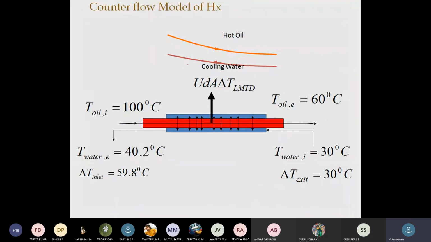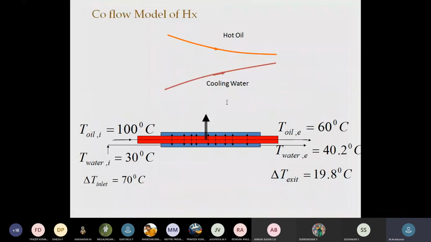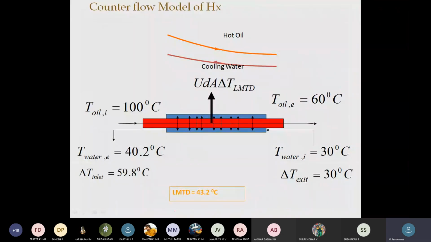So this is the comparison for the counterflow heat exchanger. Then this is the comparison for the parallel flow, or co-flow, heat exchanger. If you calculate the LMTD for this counterflow heat exchanger, it will be around 43 degrees Celsius.